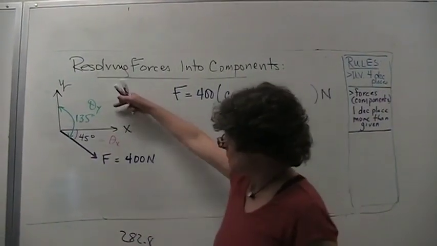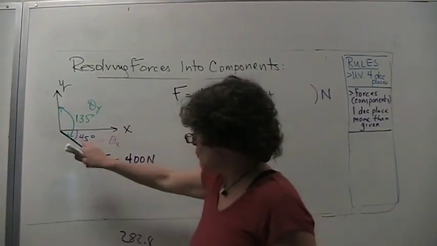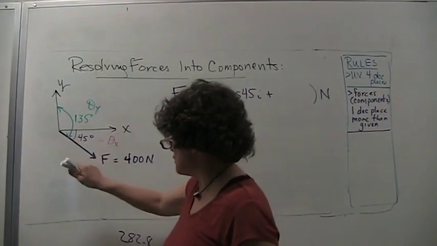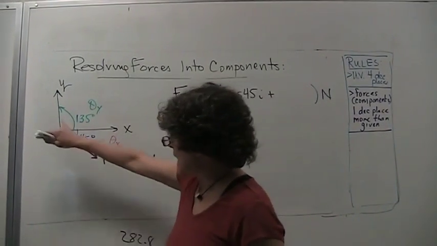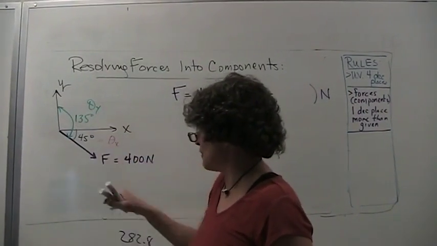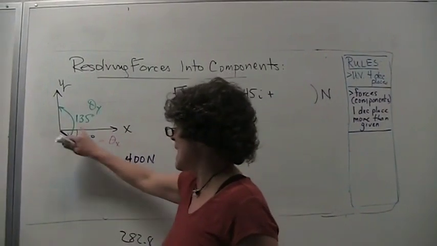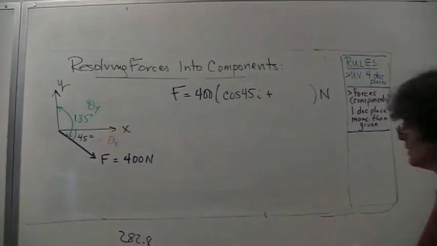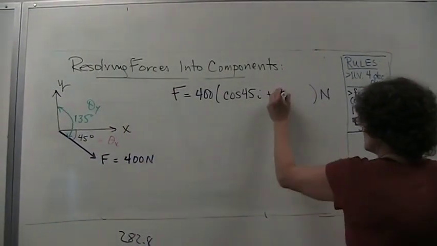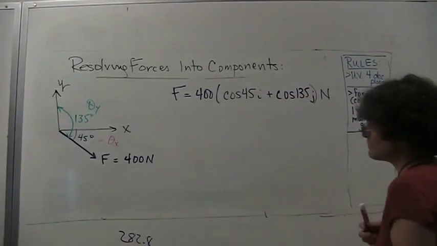So again, theta y and theta x, which are called direction angles, represent the angle between the force in question and the positive x or y-axis. So in this case, we're looking for theta y. It's going to be the angle between this force and the y-axis, which is 135. So then I go cosine of 135 j.